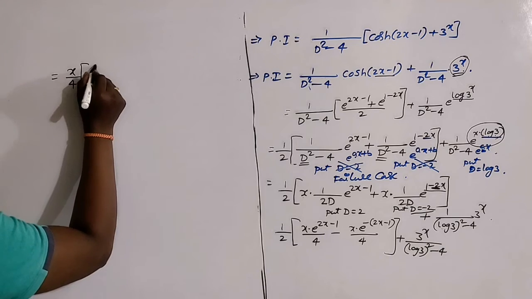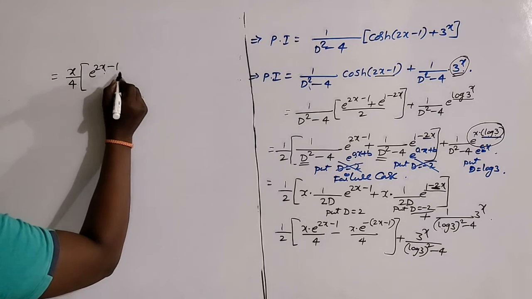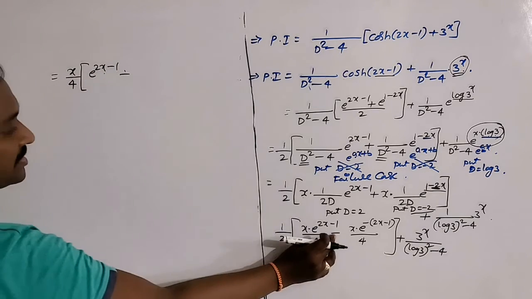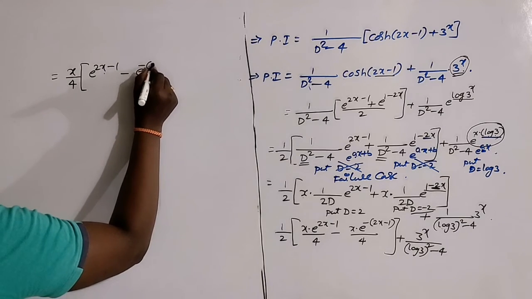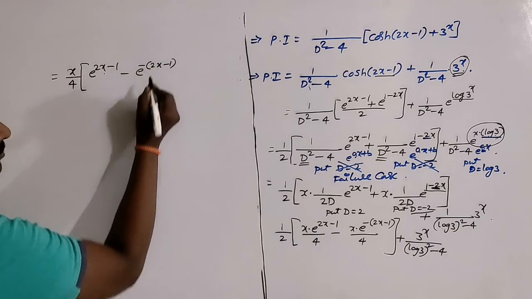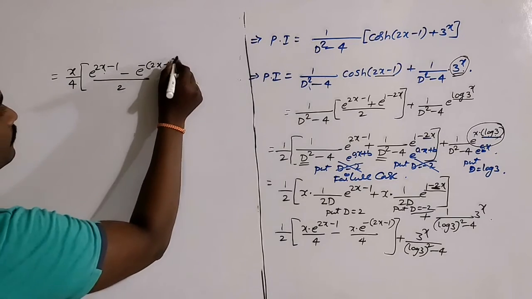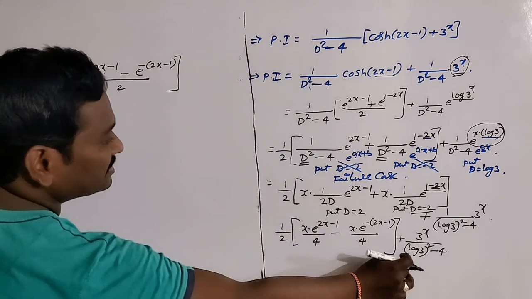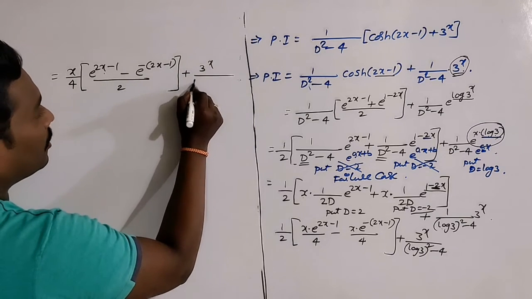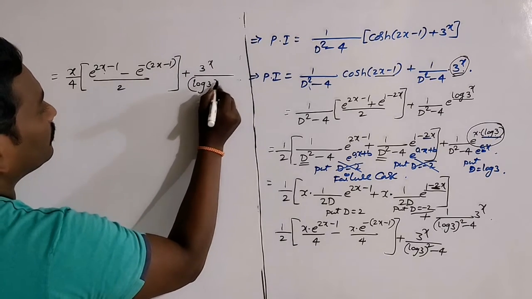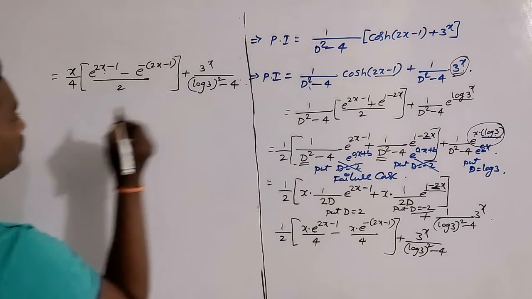You will get e power 2x minus 1 plus, sorry, it is negative, so I will write a negative sign, e power minus of 2x minus 1 whole by 2. The last part is a similar part, 3 power x whole by (log 3) whole square minus 4.